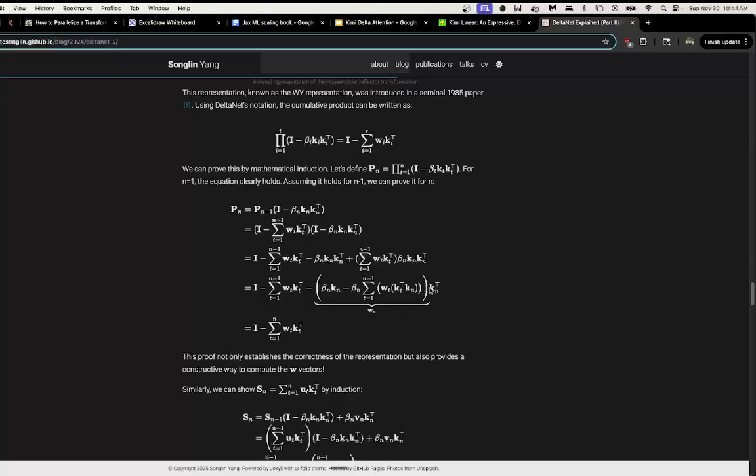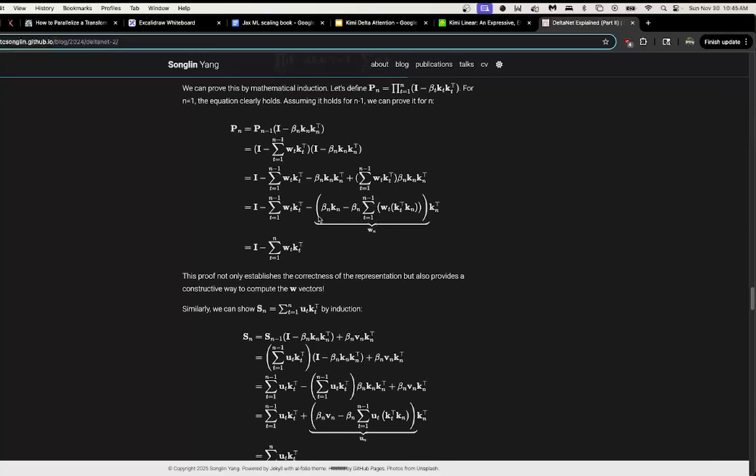So this bears a lot of similarity now. We already have 1 to n minus 1. The only thing we're missing is the nth step. And it does have the k transpose that we would need in the nth step, right? So we now can see this whole term right here is actually the w coefficient that we're looking for. So you can define this as w n, and now you've shown that it is indeed equivalent to the identity minus the summation to n, right?